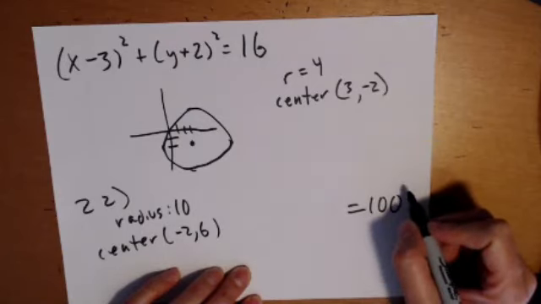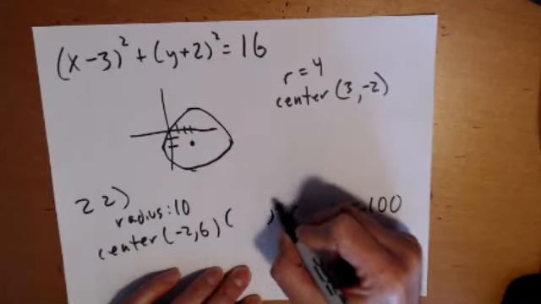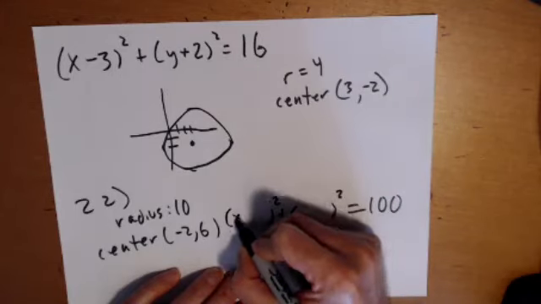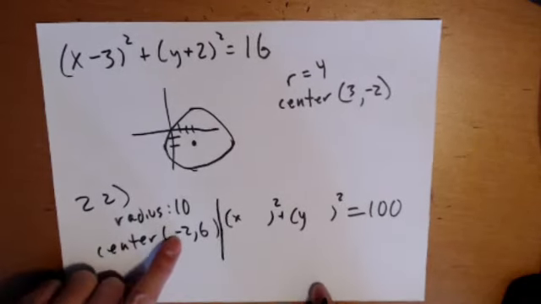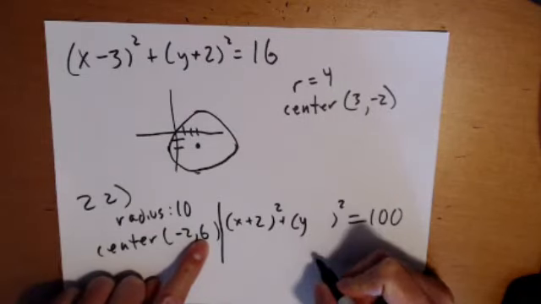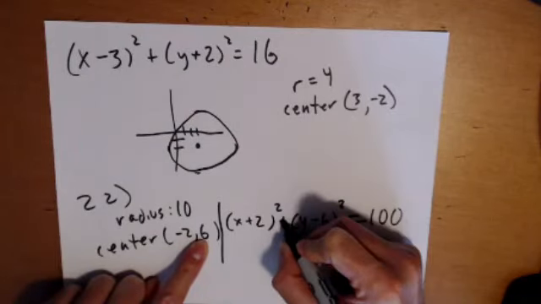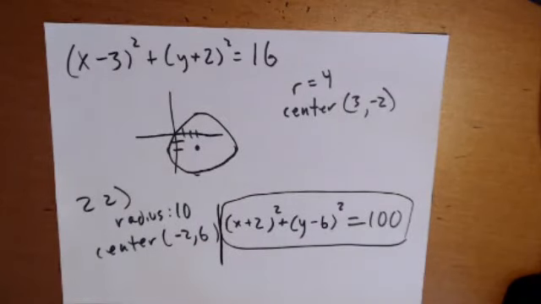And then (x + 2) squared plus (y - 6) squared. Okay, it says center of -2, so put plus 2. Positive 6, so minus 6. That's it? Yep, that's it. Okay.